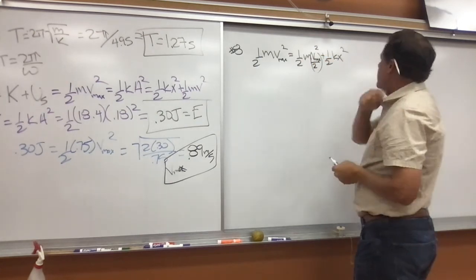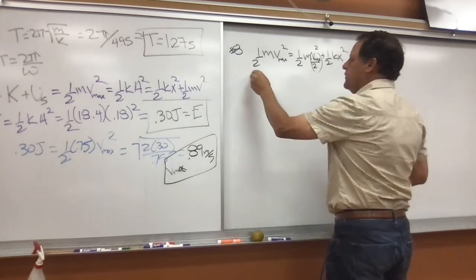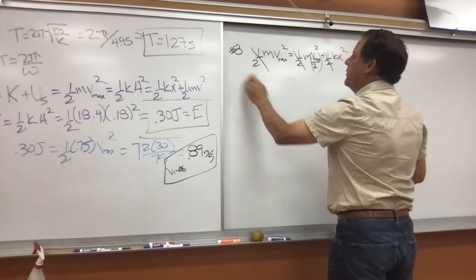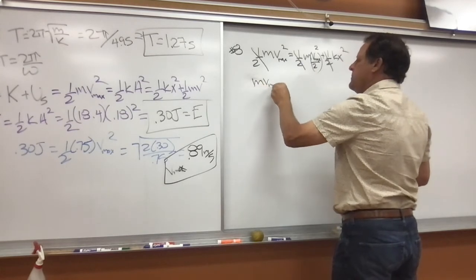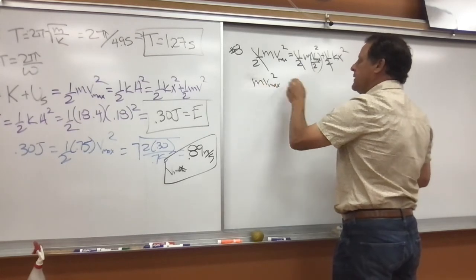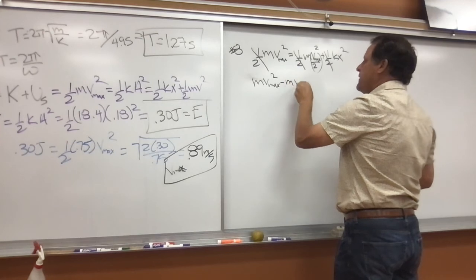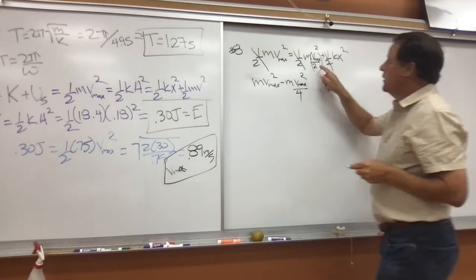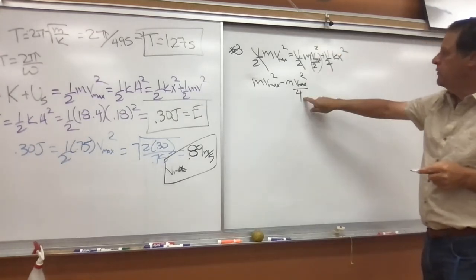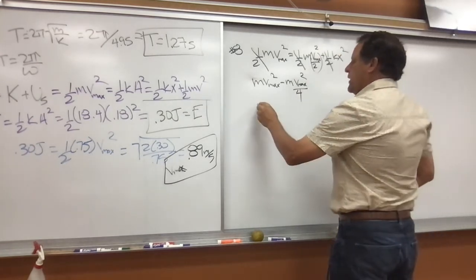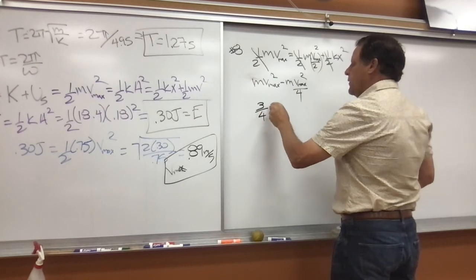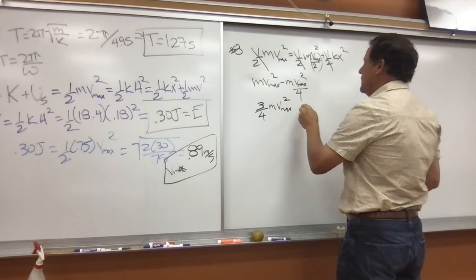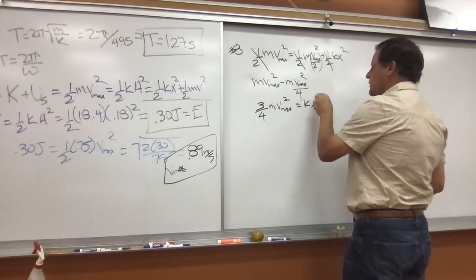Okay? So now, actually, all the halves can cancel out. So now we're going to have m v max squared minus m v max squared over 4, because this 2 would get squared, which makes it 1/4, which is going to give us 3/4 m v max squared is equal to kx squared.